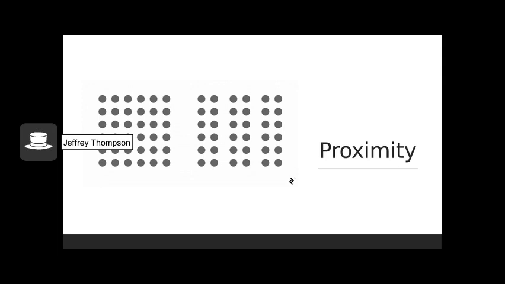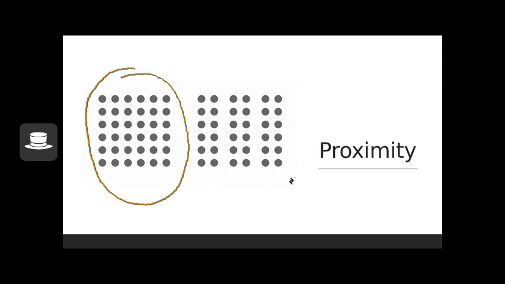Then we have proximity. These two images have the same number of circles, right? So over here, we have 6 by 6, 36 circles. And over here, we have 6 by 6, 36 circles.